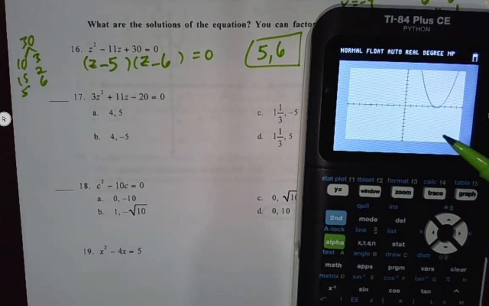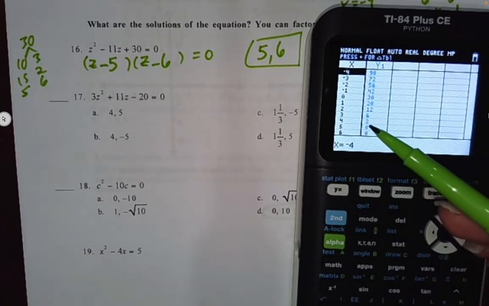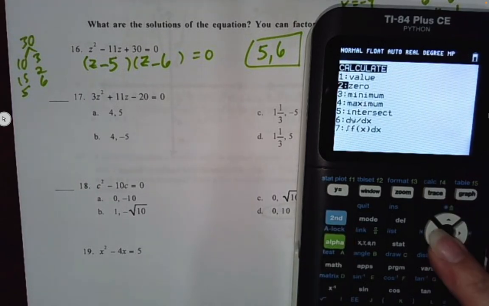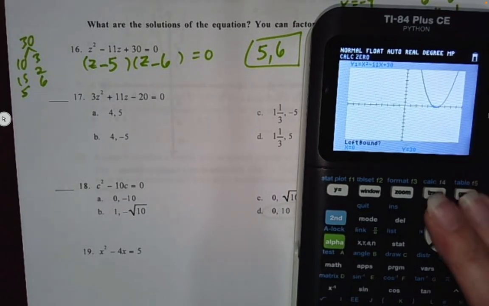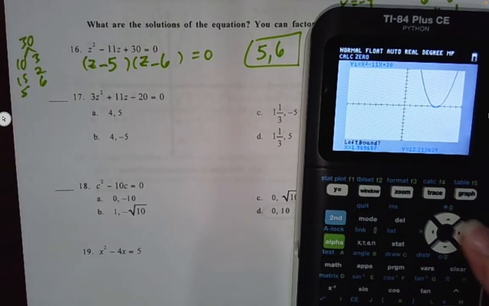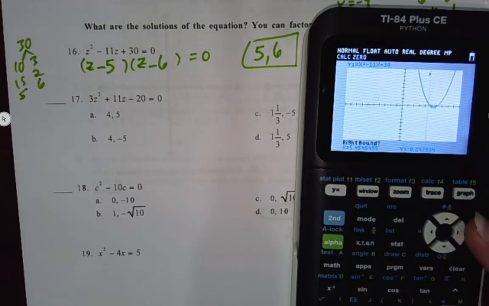You can look at your table and see where the zeros are, at 5 and 6. Or you can press second trace, number 2, and find the zero. I go to the left of it, press enter, go to the right of it, press enter, and back to it.